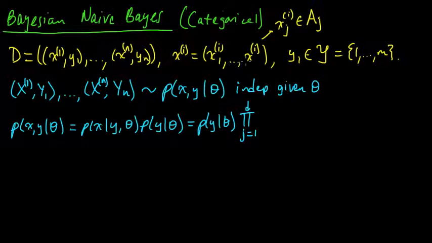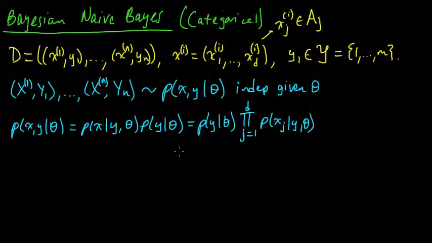It's a d-dimensional vector. So it's the product as j goes from 1 to d of the probability that the jth coordinate is little x_j given y and theta. We're just factoring this. This is the naive Bayes assumption, that the features are conditionally independent given the class, and here also given the parameters.